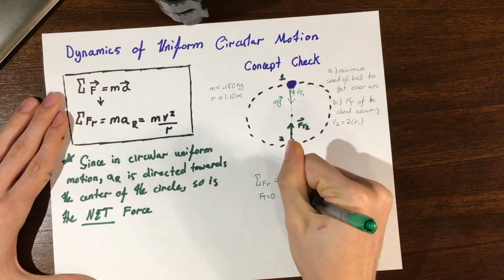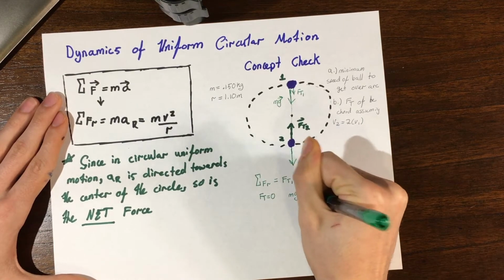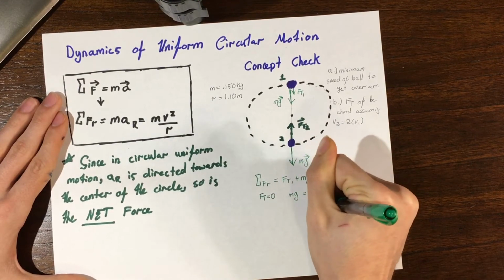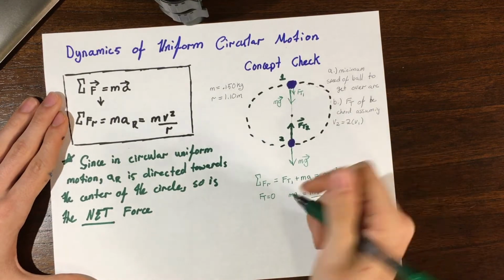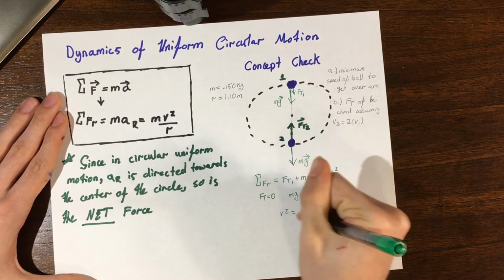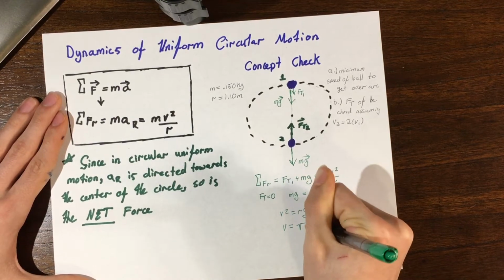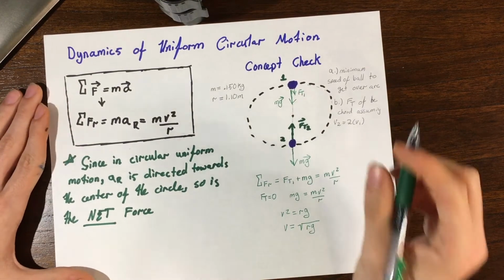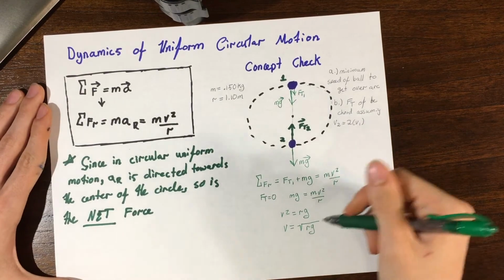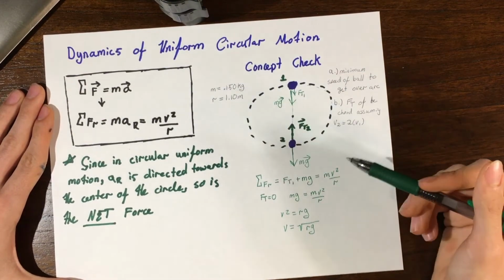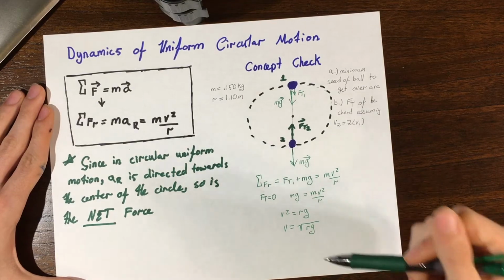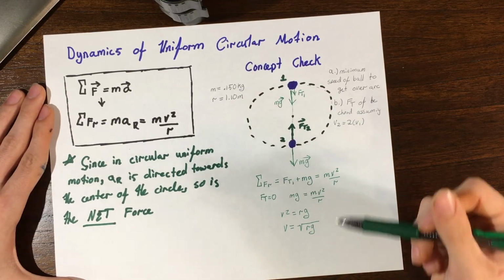Now we have mg equal to mv squared over r. We then have v squared equal to rg, and v equal to root rg. Notice the mass plays no role in the equation. No matter what mass we had, we would get the same answer for our velocity.